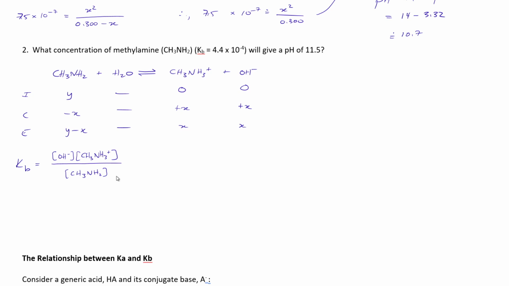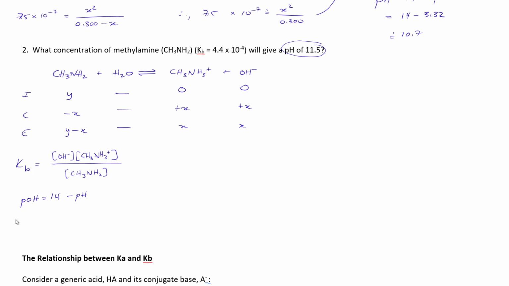The problem with this right now is that I do not have a value for either X or Y. But I have a pH of 11.5. So I'm going to find the pOH, which is 14 minus the pH.